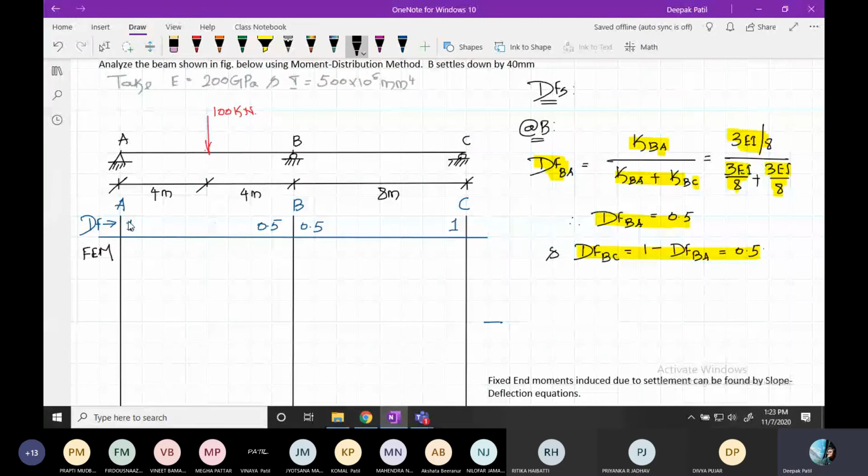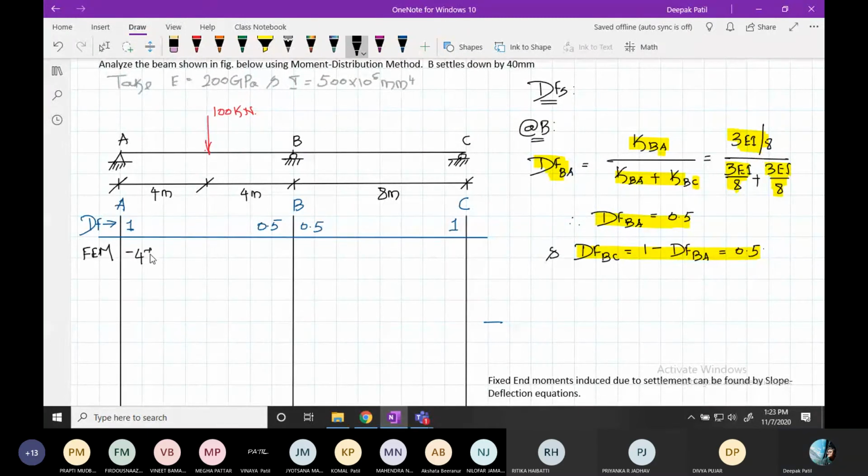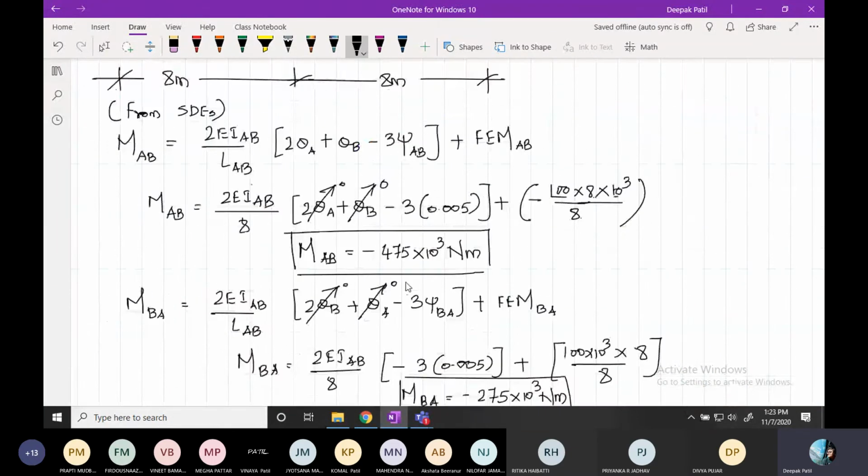This one is minus 475 into 10⁻³ Newton meter. Now I'm writing in kilonewton meter. Actually we got MAB as minus 475 into 10⁻³ Newton meter; if you convert this into kilonewton meter, it is simply minus 475 kilonewton meter.